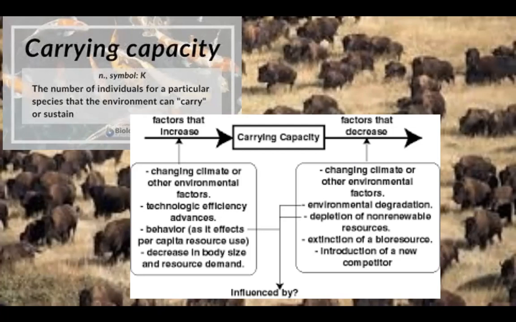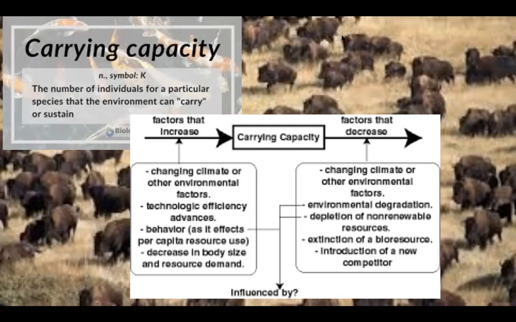So different things can affect the carrying capacity. If the climate changes, it might affect it positively or negatively, more probably. When we have technological advances, we can also increase the carrying capacity of particularly agricultural land, and the behavior. So if we eat less meat, then we can have more plants.